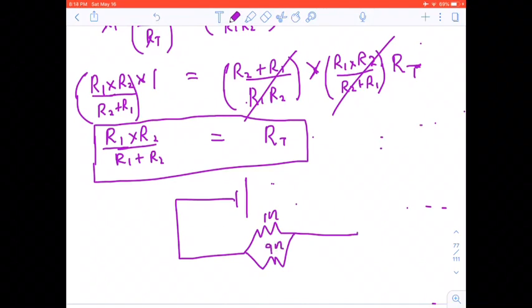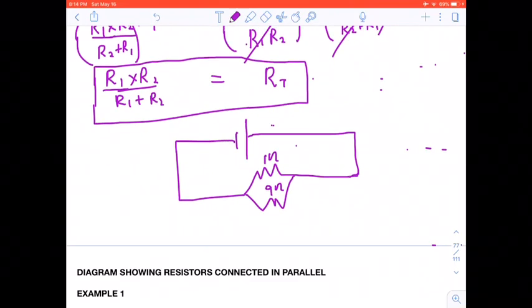I've chosen that so that I can illustrate this quickly. Let's call that R1, and let's call this R2.